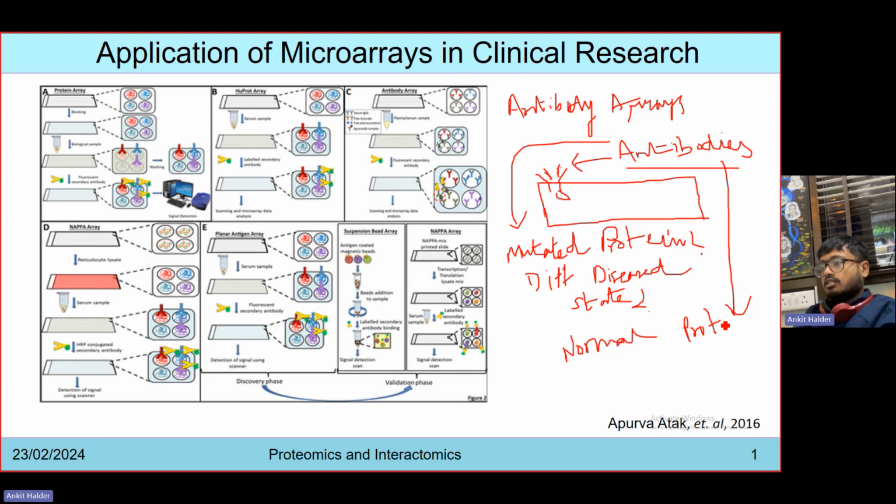So now you can ask what can be the use of such antibodies from normal proteins.